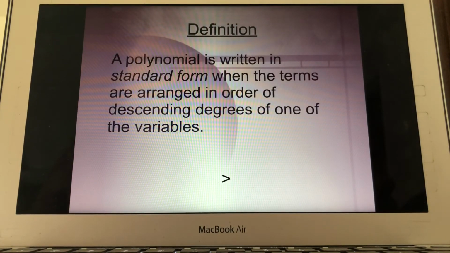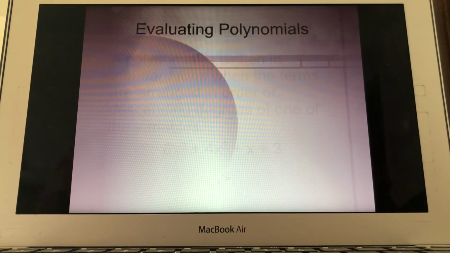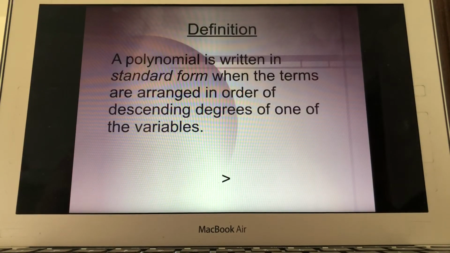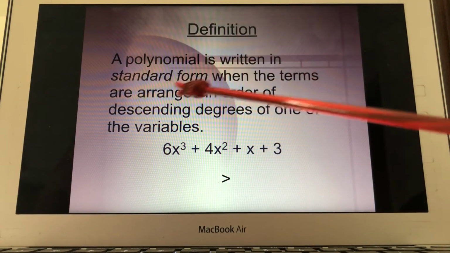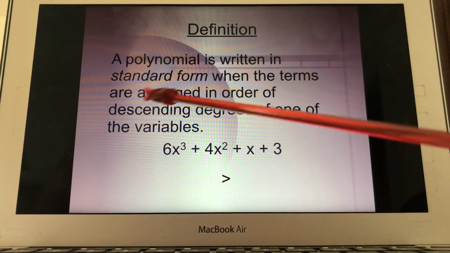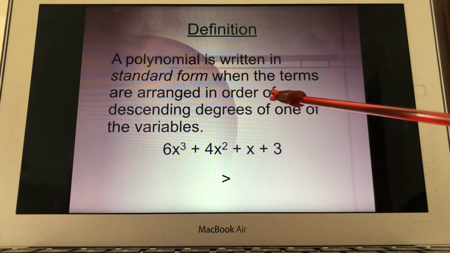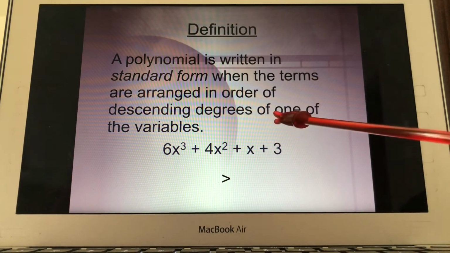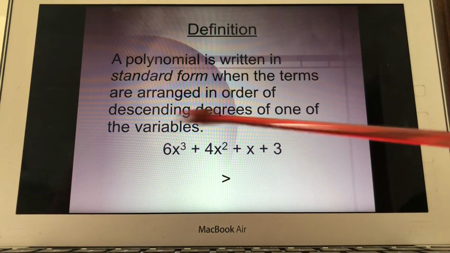All right, a polynomial is written in standard form when the terms are arranged in order of descending degrees of one of the variables.